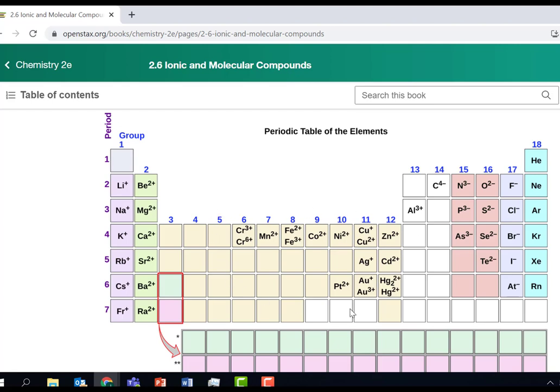We can also explain this behavior in here, at least somewhat. We can't explain all of it, but what we can say for sure is that the variable charges are because we now are looking at both S and D electrons, and there's a bit of an overlap, and sometimes you lose some of those, sometimes you lose more of those because of that.